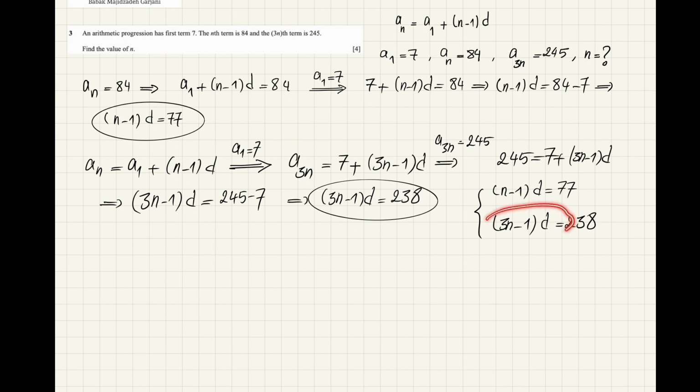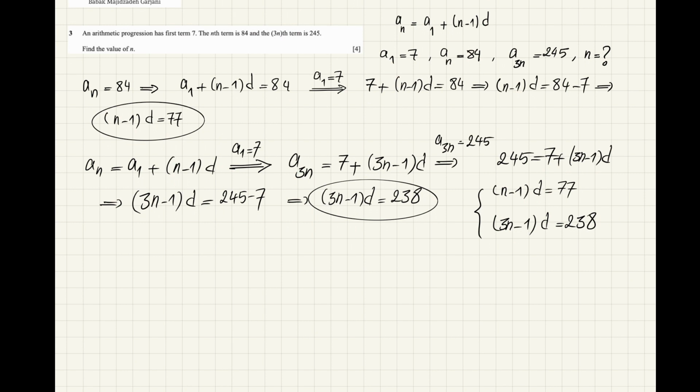If you look a little closer here, it is immediately evident that if I divide both sides of this equation by that equation, then the d here and here will be eliminated. What would be left is an equation in only one unknown, and that unknown is n. After finding n, I plug it back into one of these equations, probably the first one, which is simpler, and then I will find d.